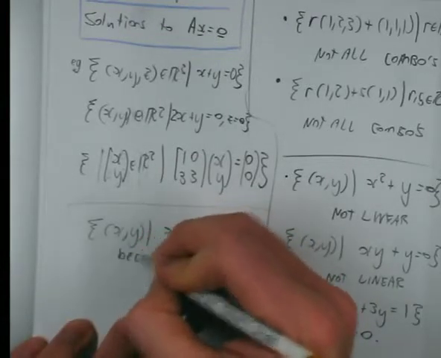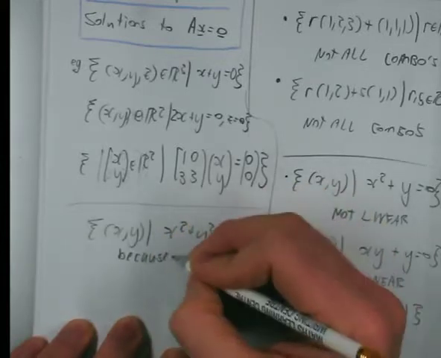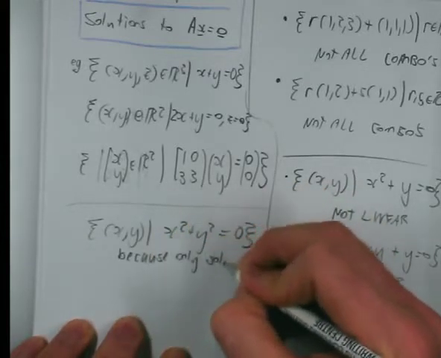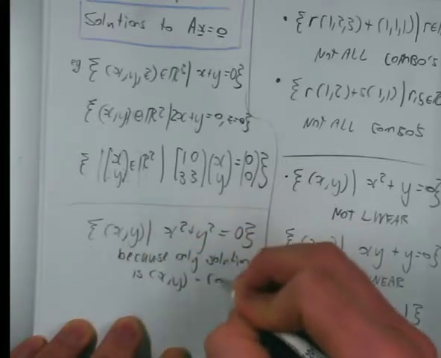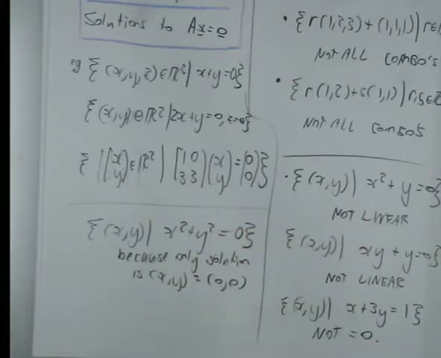Because the only solution is x, y equals 0, 0. Okay? Right. That's my list of things that are and things that aren't. Okay, so it would be useful to just do a couple of examples of deciding.